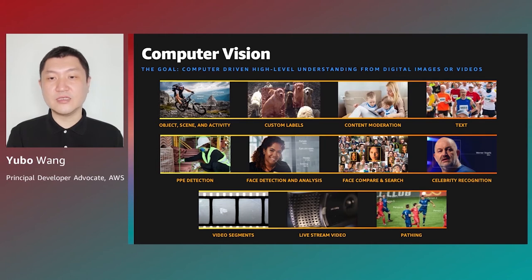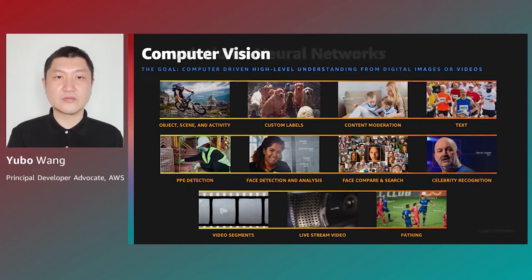Subdomains of computer vision include event detection, video tracking, object recognition, pose estimation, 3D scene modeling, etc. In recent years, with the development of cloud computing, developers can enable their applications with computer vision easily from cloud vendors such as AWS.